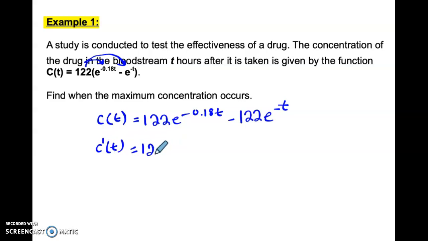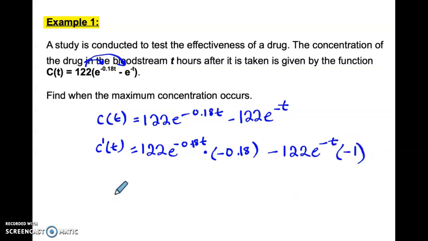Taking the derivative of the e, it just stays exactly the same. And then we multiply by the derivative of the inside function, the derivative of that exponent. The same thing here: e to the power stays the same, we rewrite it, and then we multiply by the derivative of the exponent, which would just be a -1.